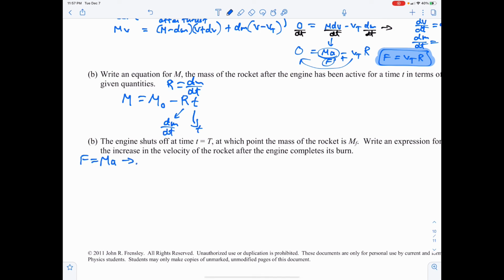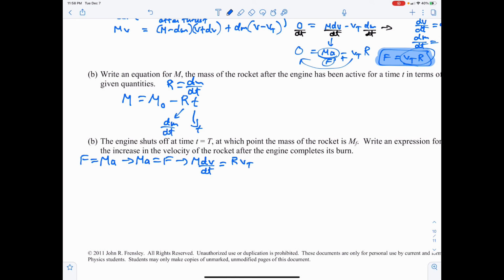Now I'm going to rewrite it as ma equals F, and rewrite this as m dv dt equals, and I'm going to substitute for F, which was equal to R times vt.